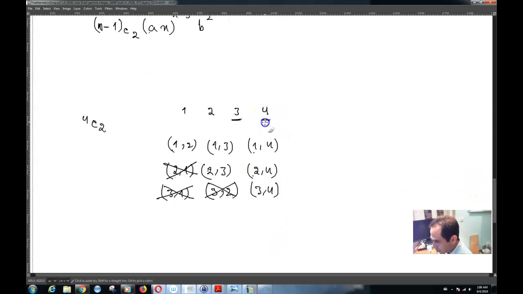And then you can say that, okay, now I want to start with 4. So I take 4 with 1, I take 4 with 2, I take 4 with 3. And of course 4 with 3 is basically something that I have done once, so I don't want to do it again.